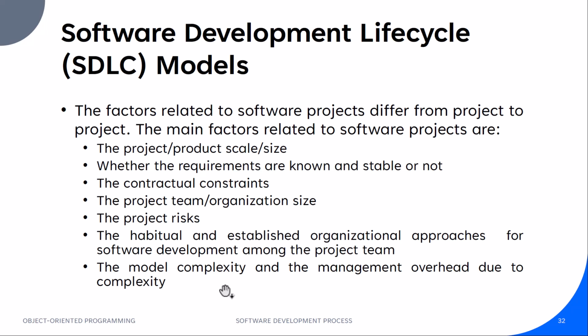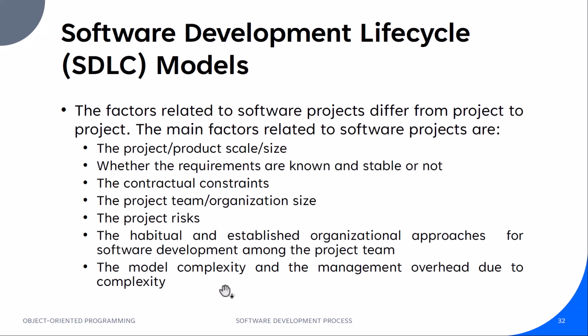For example, we do have the rapid system prototyping model, where we do not assume that the software requirements are known or stable. With developing prototypes, we may uncover requirements, and in each iteration, we may revise our software product to reflect the newly uncovered requirements.